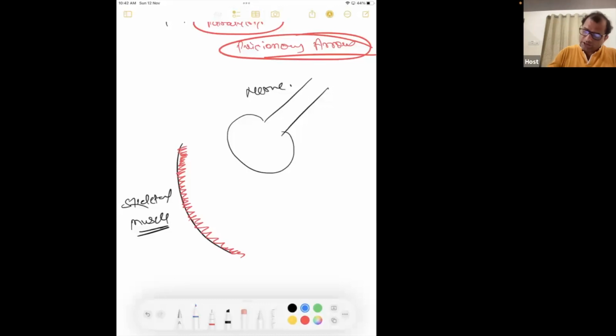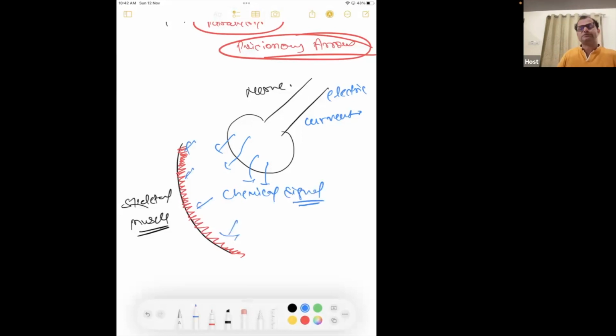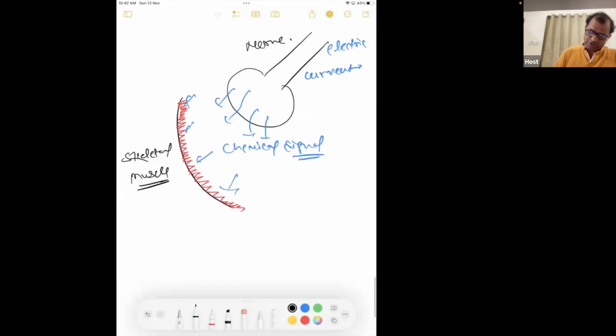Now the electric current is coming, and it is also sending the information in the chemical signal. But it cannot work on the muscles because it is blocked by the poison. So they get paralysis of the muscle.